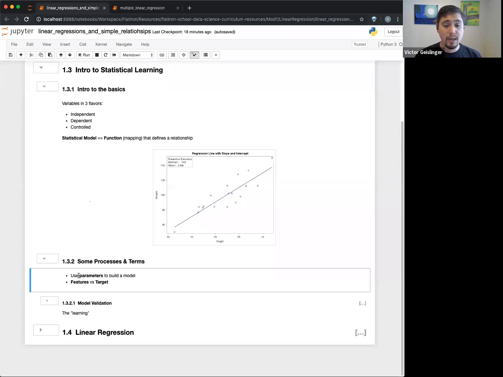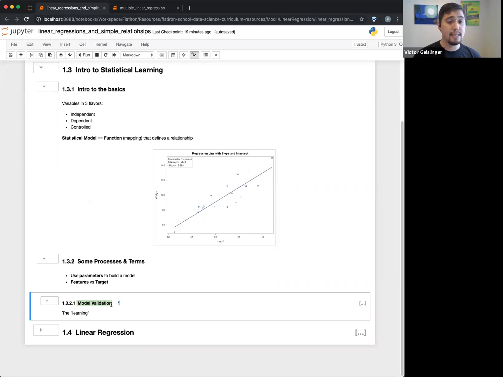And then we'll talk about parameters. Basically every model can be adjusted, and we adjust it with something called parameters. We're trying to figure out the right parameters to make our model fit our particular set of data. This is also where we talk about model validation. You could create a model and just say, if someone's height is 5 feet, they should be 150 pounds. That right there is a model.